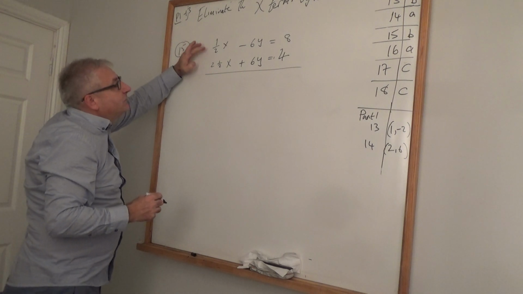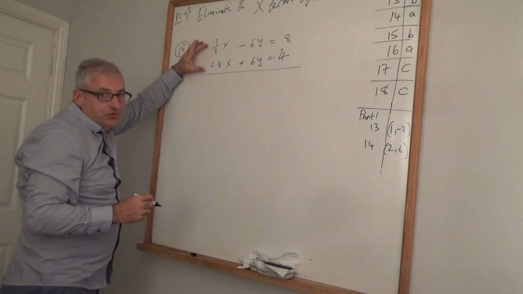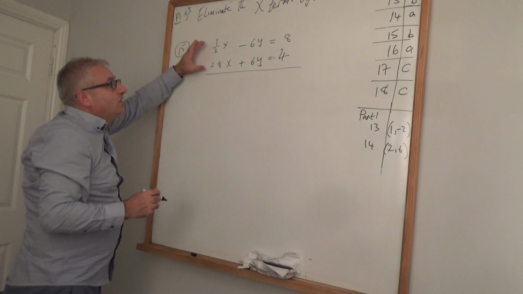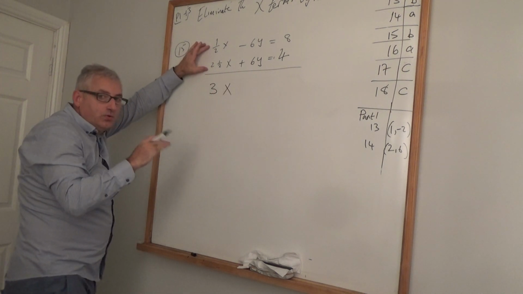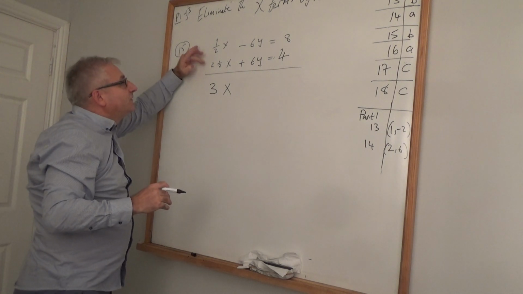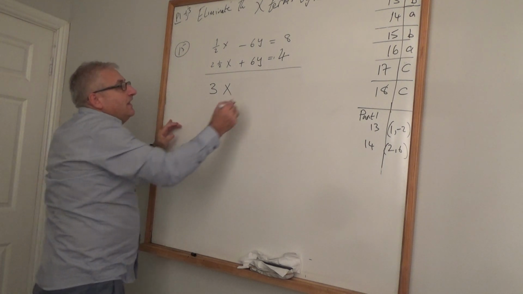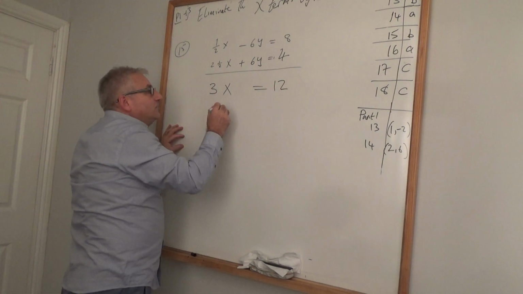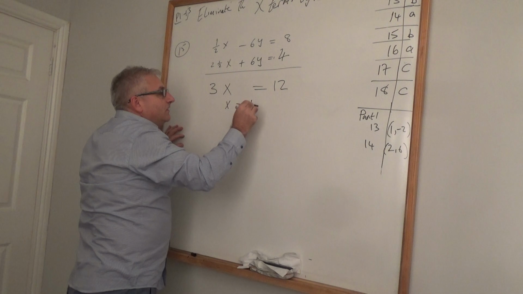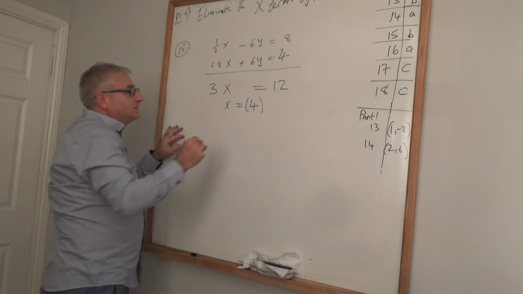I've just noticed that if I do add them, I won't have a fraction, I'll have an integer. So I can actually just go ahead and add them and say, whew, the fractions are gone away. 2 and a half is 3x equals 12. Divide by 3. X is 4, put in a bracket.